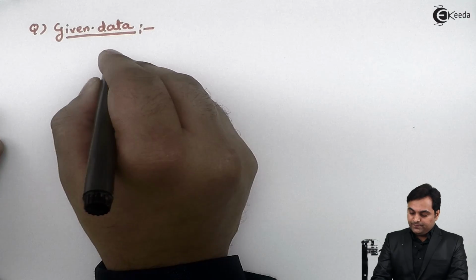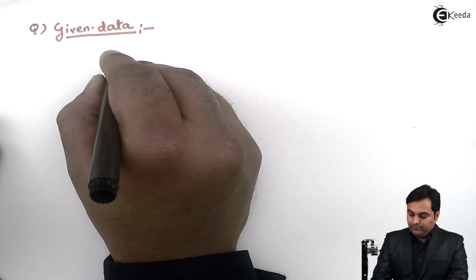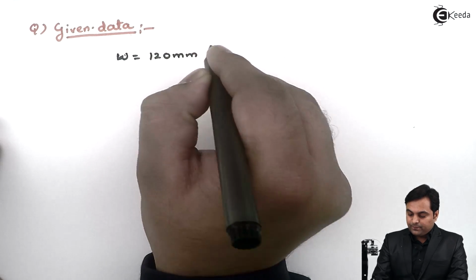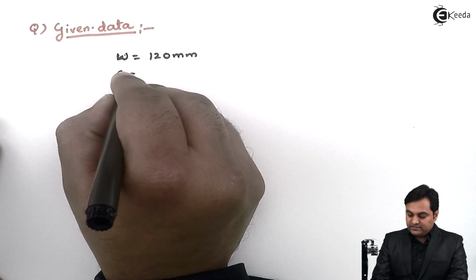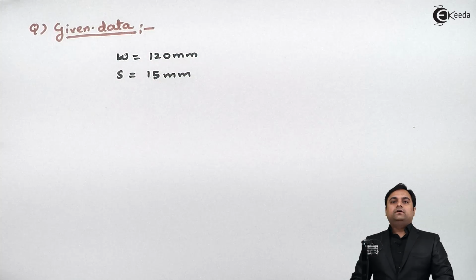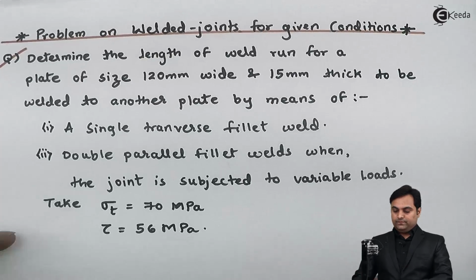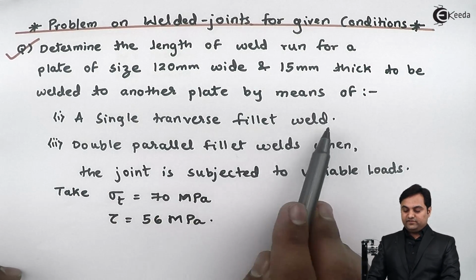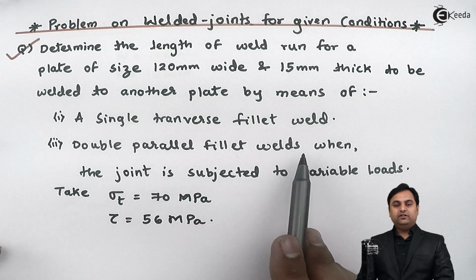So width W is equal to 120 mm, thickness S is equal to 15 mm. To be welded to another plate by means of single transverse fillet weld and double parallel fillet weld.